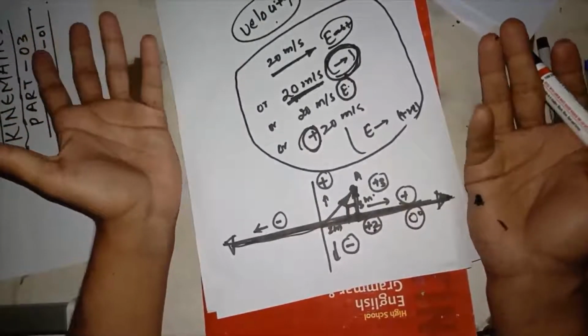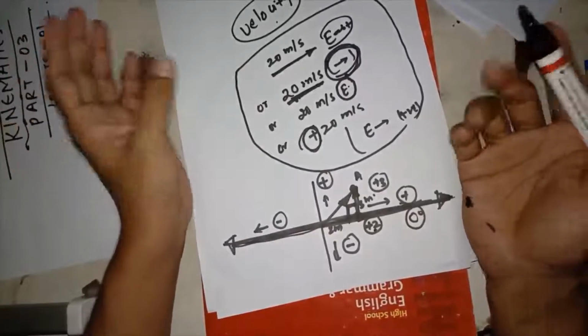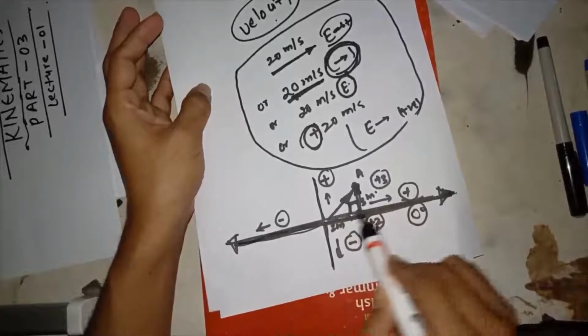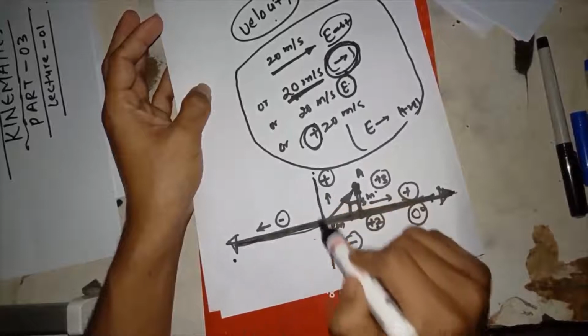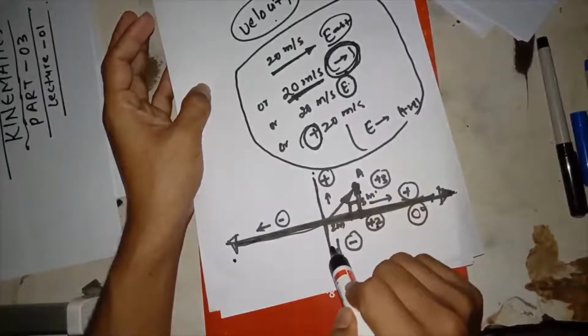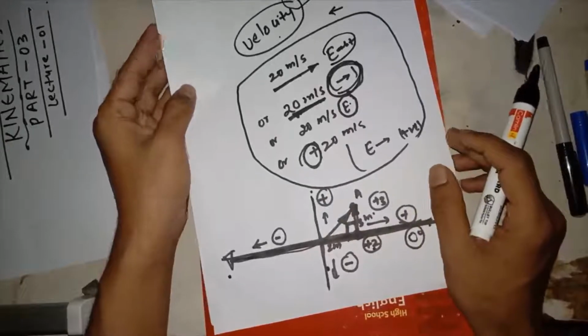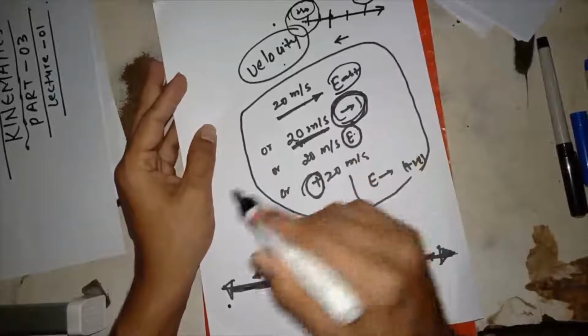So direction can be expressed by sign, direction can be expressed by angle, and direction must be expressed in a Cartesian coordinate system, that is x axis, x dash axis, y dash axis. Have you got my point? We will deal in greater detail with vector quantities.